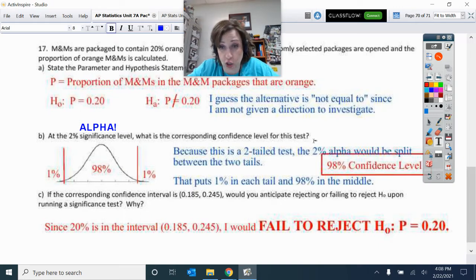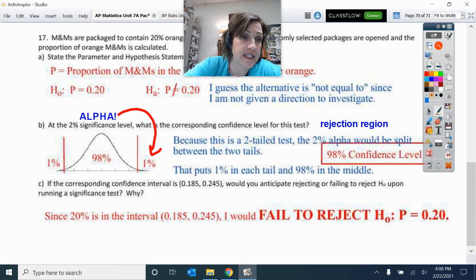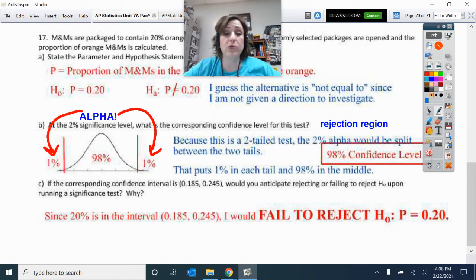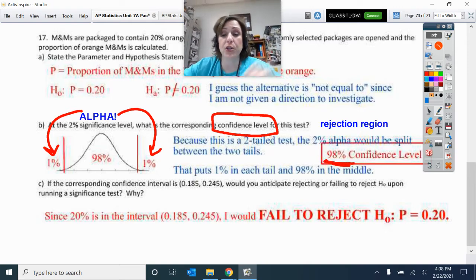Okay, alpha, that's a 2% rejection region. And that rejection region is split between two tails. So that's why that rejection region of alpha is split between those two tails. So that puts 1% in each tail. That is then why the confidence level is a 98% confidence level.